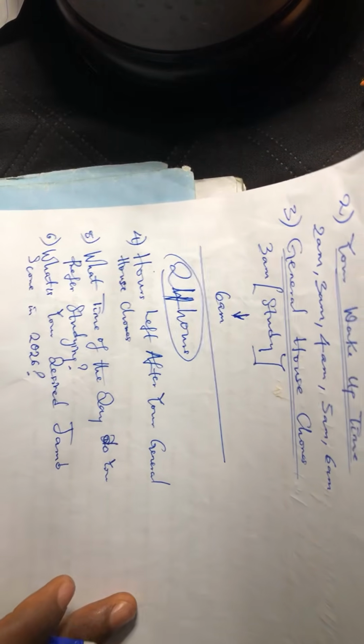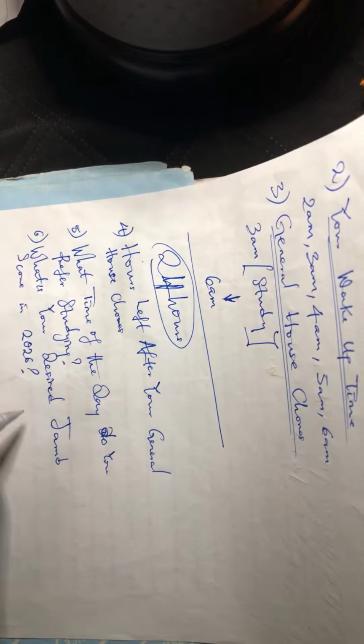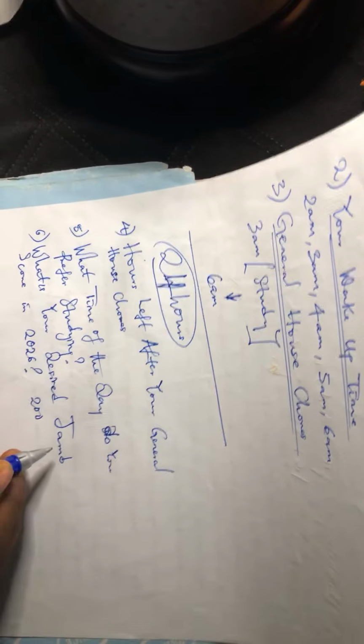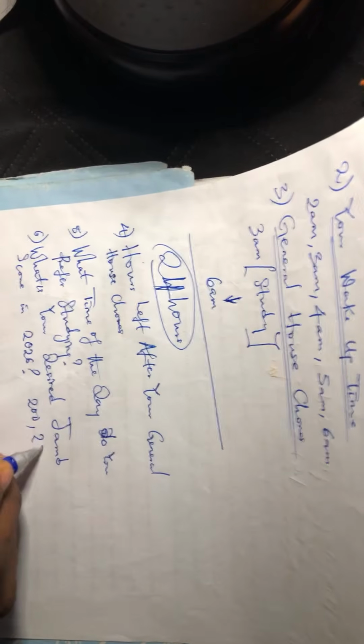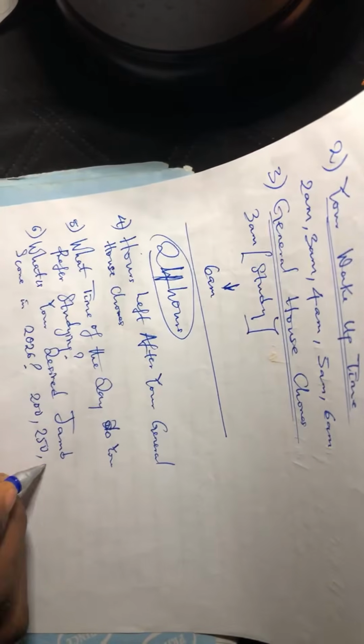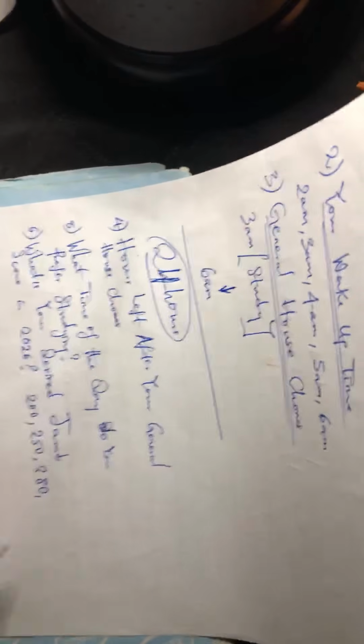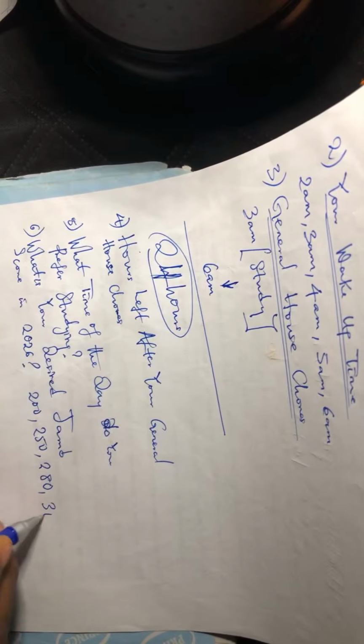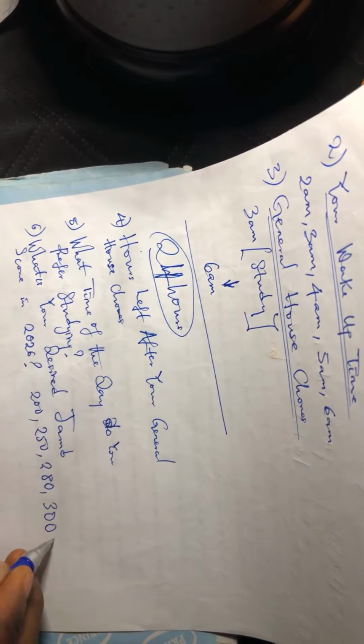What's your desired JAMB score in 2026? Do you want to score 200? Do you want to score 250? Do you want to score 280? Do you want to score 300 and above?